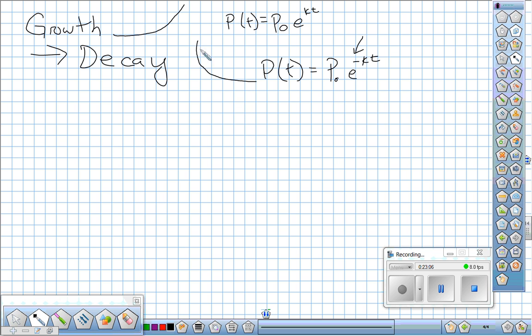That just means I will have something that looks more like this. Where this is useful is we'll find the decay rate and the half-life formulas. Or I'll give you the formulas and we'll find those different things. So decay rate and half-life.